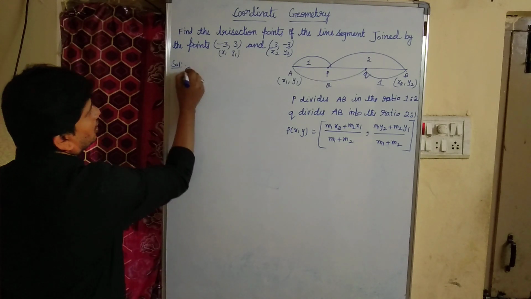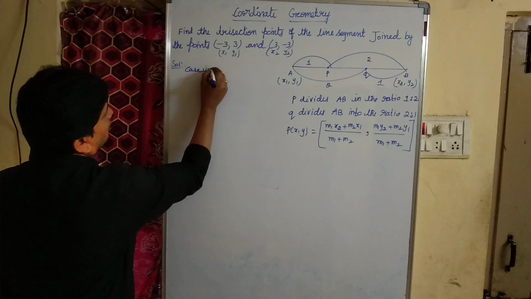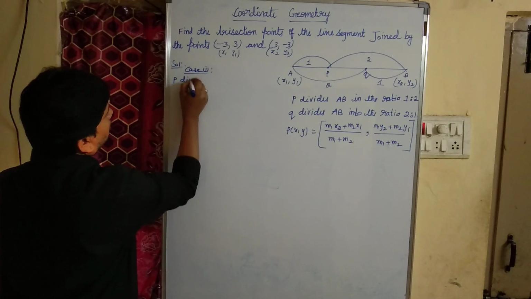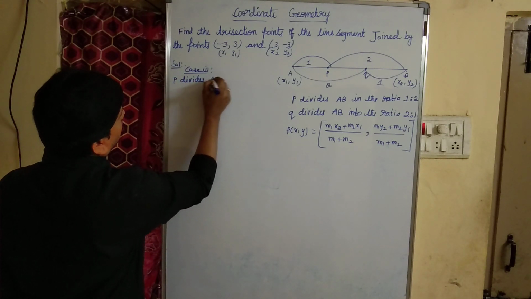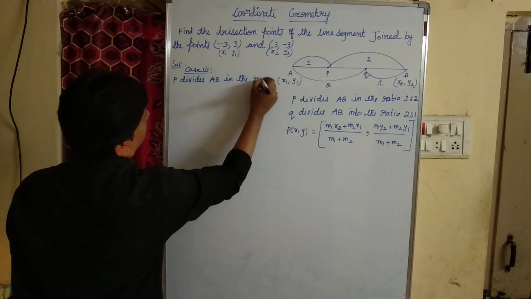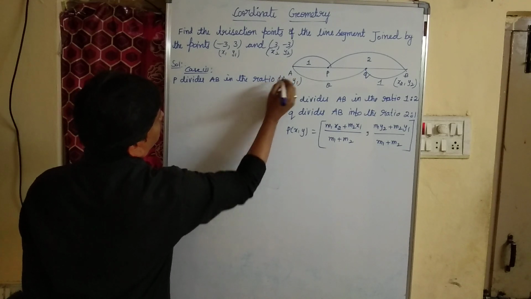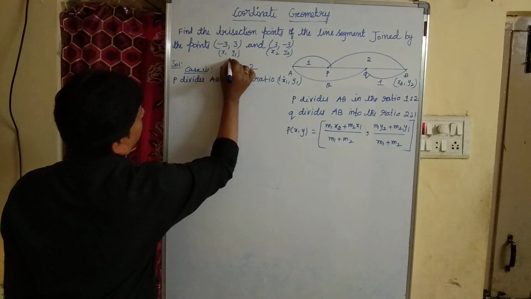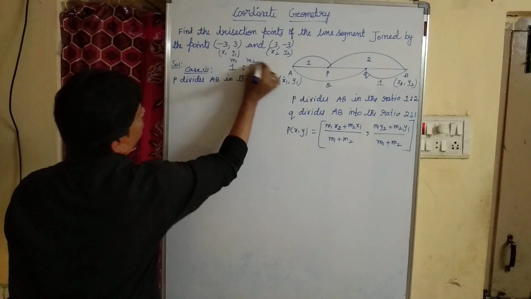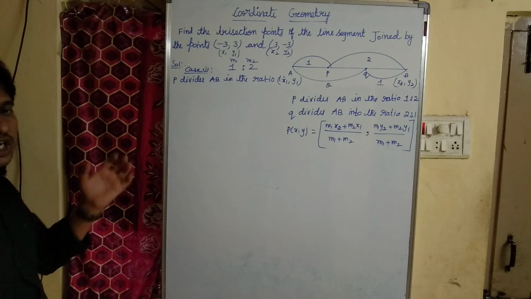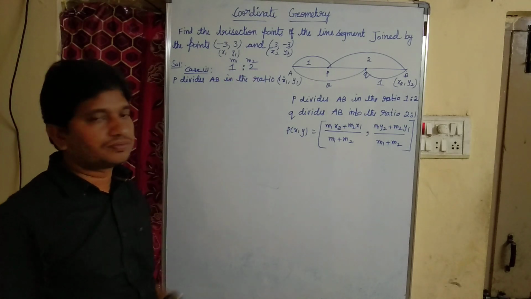So first one, that is case 1, about P. P divides AB in the ratio 1:2, that is m1 and m2. So case 1 ratio is 1:2.